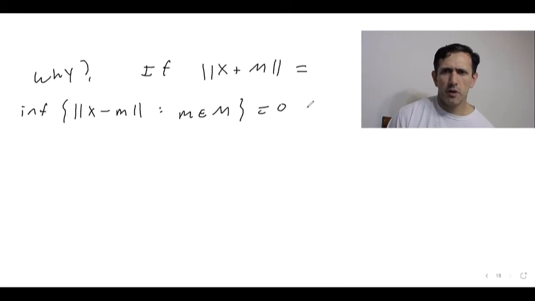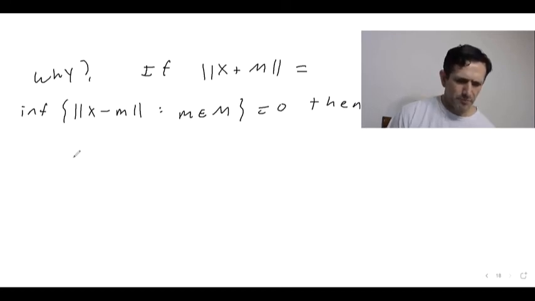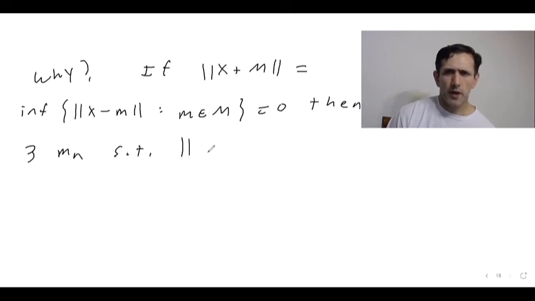So if this is 0, then by definition of the infimum as the greatest lower bound, there exists, let's say, little mn, where the norm of x minus mn is less than or equal to 1 over n.